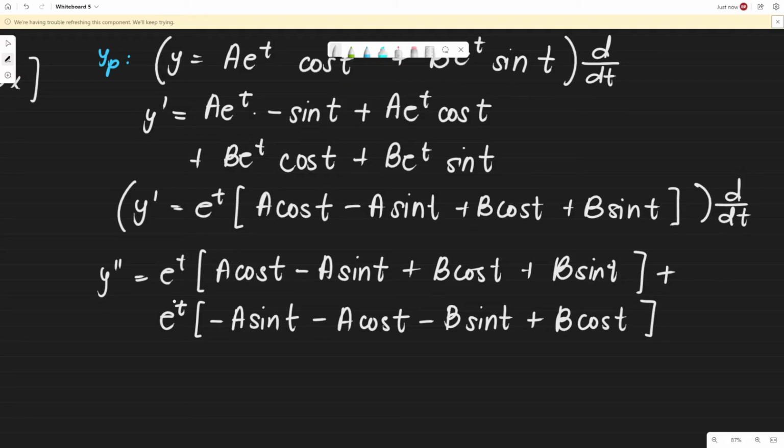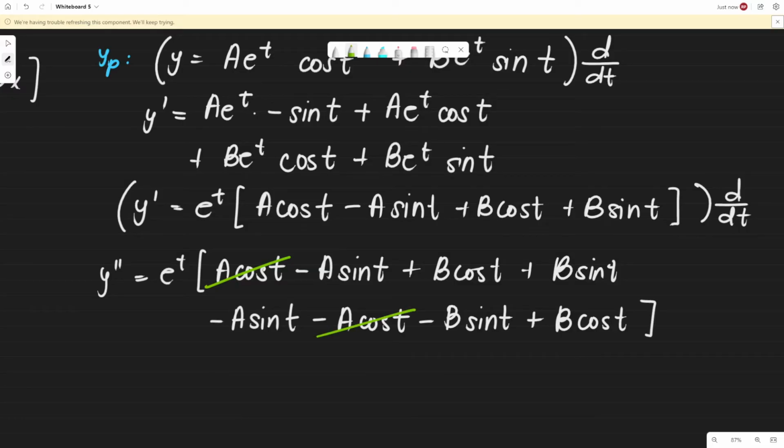Since common ulit si e raised to t, pwede ko sila i-factor out. So instead of rewriting, burahin ko na lang pati yung grouping, para magkakadugtong na sila. So pinactor out ko lang si e raised to t, kaya nawala yung grouping natin. So meron tayong mga makakancel: a cos t minus a cos t is 0.